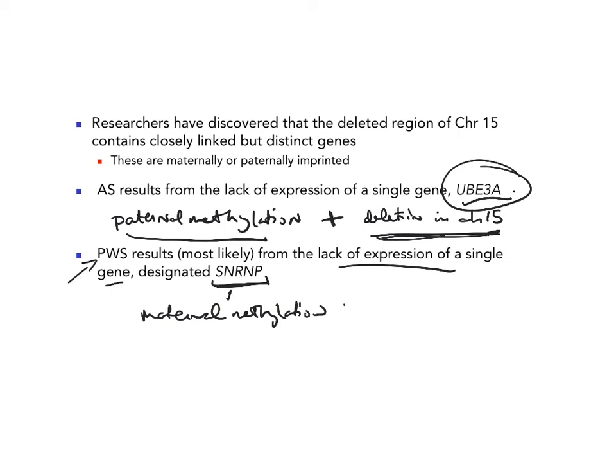Then you have to inherit from the father a chromosome 15 that carries a deletion of that same region where the SNRPN gene is located. And actually, these genes are very close to each other, so a single deletion in chromosome 15 can wipe out both of these genes.